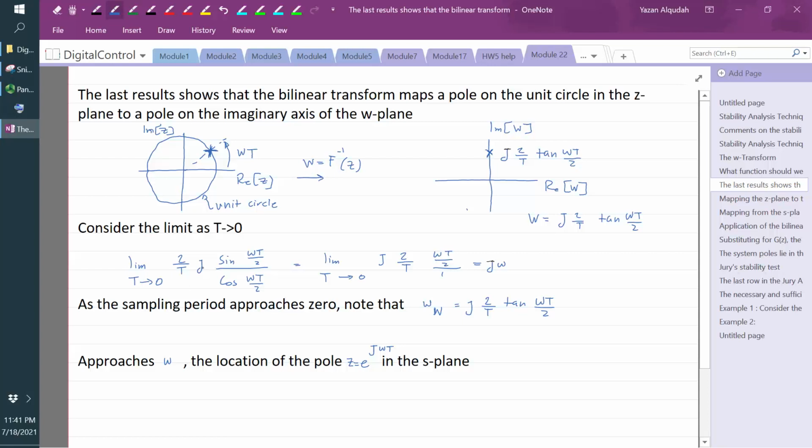2 over T multiplied by tangent. If I take the limit as T goes to 0, I'm going to get j multiplied by 2 over T, and then I'm going to get omega T over 2 divided by 1, which is going to equal omega.